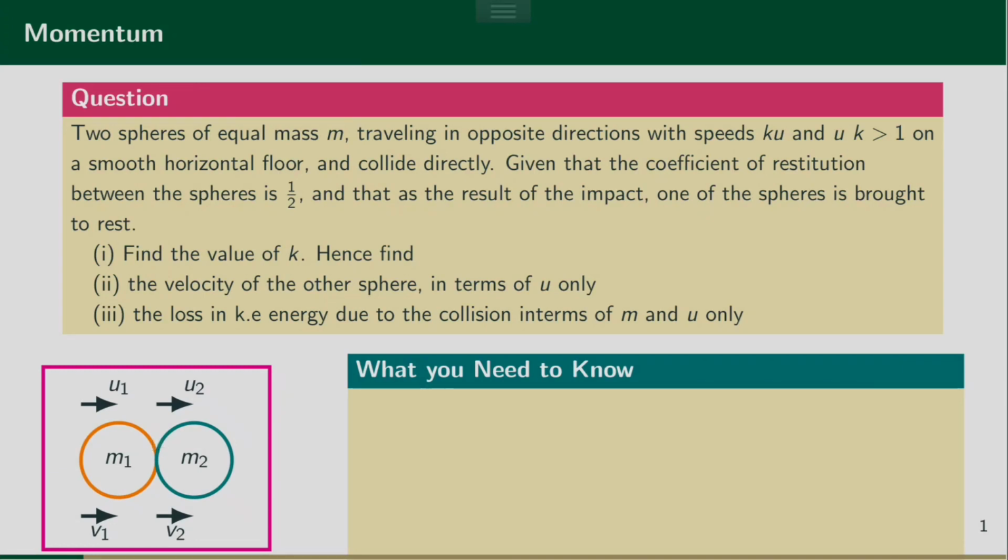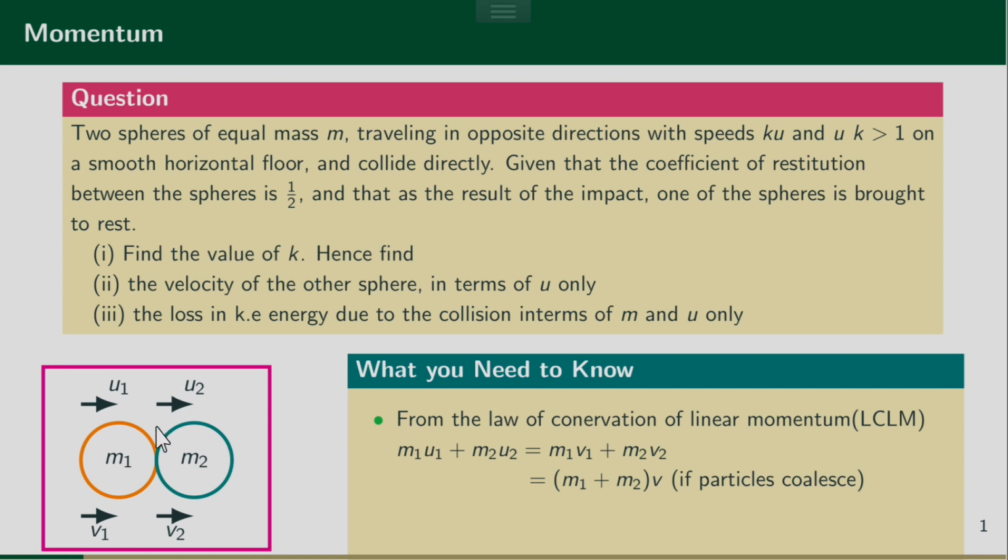Now, in order to answer this problem, there are a couple of things that you need to know. The first thing you need to know is the law of conservation of linear momentum, which states that when two objects interact, the momentum before collision is always equal to the momentum after collision, provided no external force acts on them. How can we translate that mathematically?